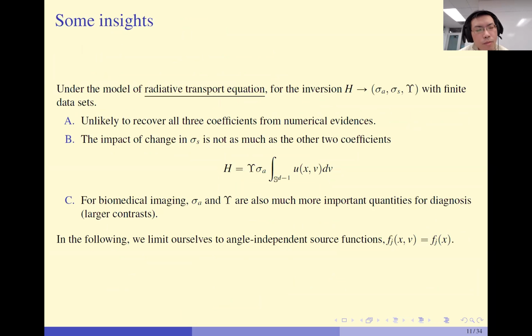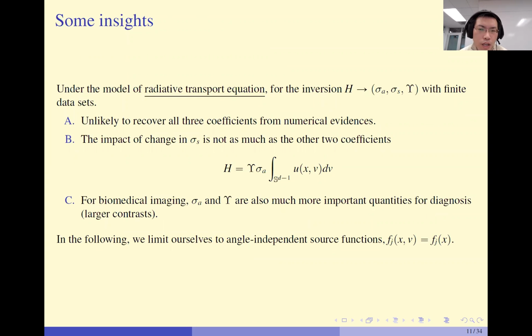From the previous discussion, we already have some insight about this problem. If we push the result to the diffusion limit, we already know that the previous result is very sharp.